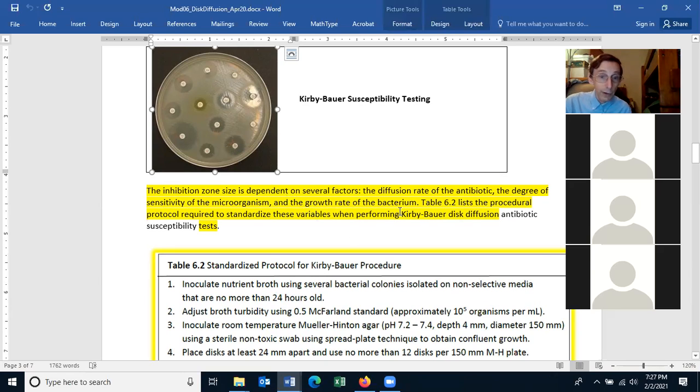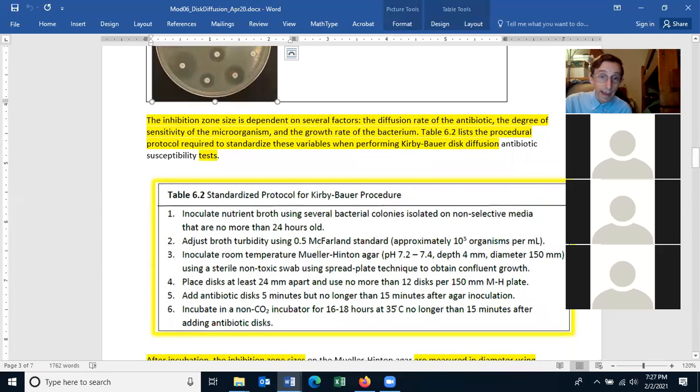And Table 6.2 looks at some of the standardized protocols for the Kirby-Bauer test. When we use the Kirby-Bauer test, you should always follow this protocol to standardize it so that your results will be similar to the results of another person across the world who did the same Kirby-Bauer test.